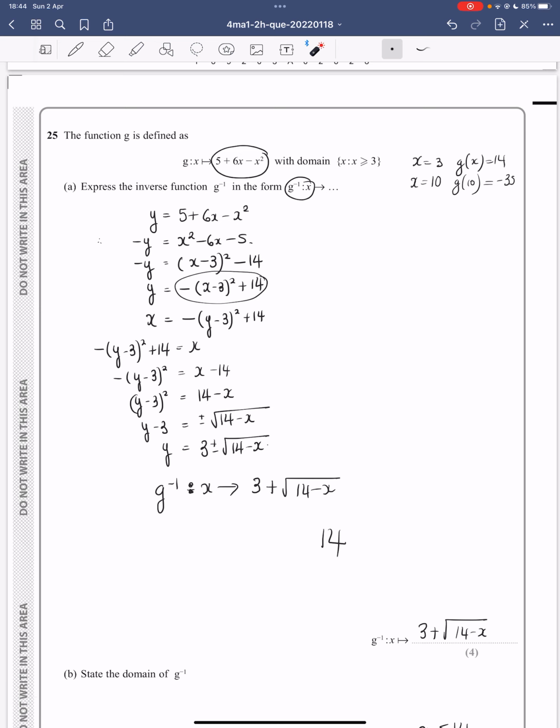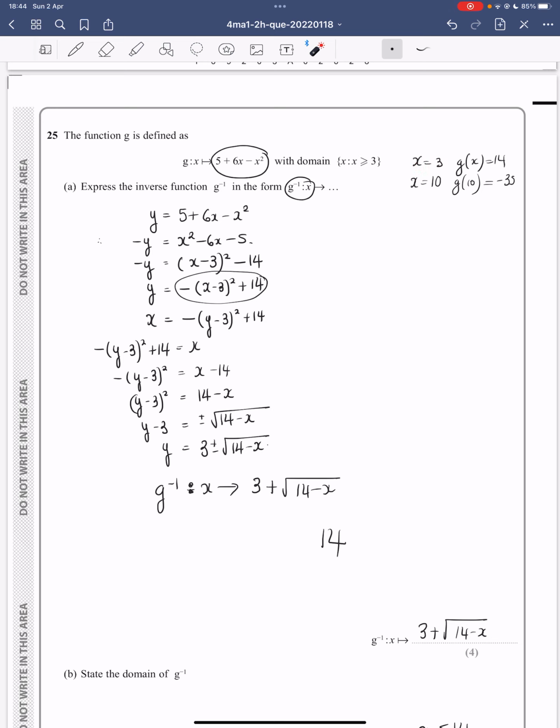Function g is defined as maps x onto 5 plus 6x minus x squared, where x is greater than or equal to 3 for the inputs. Okay, so I'll put some examples here, because some people find this hard.